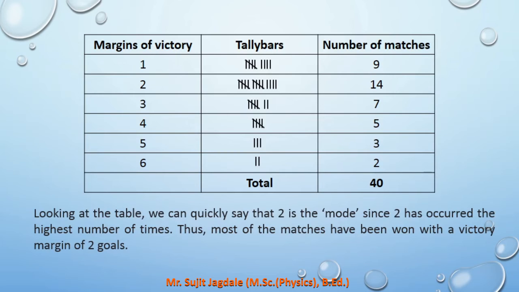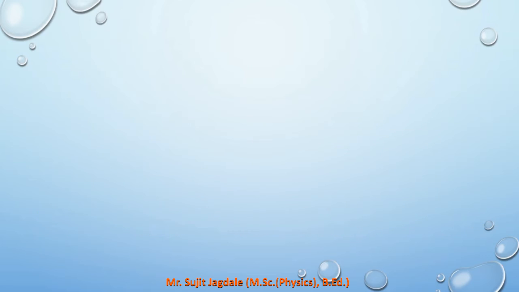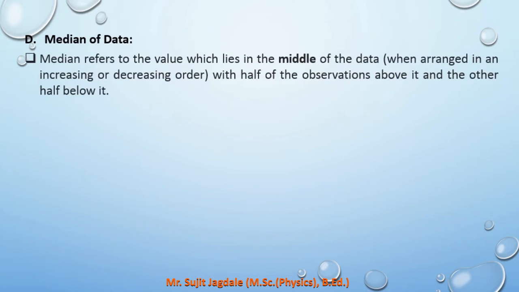So with the help of tally marks we have solved this example where a large number of observations are given. Okay, now the next representative value is the median of the data. Median refers to the value which lies in the middle.